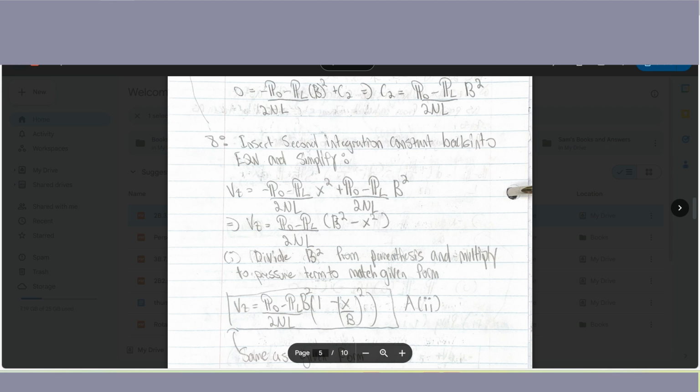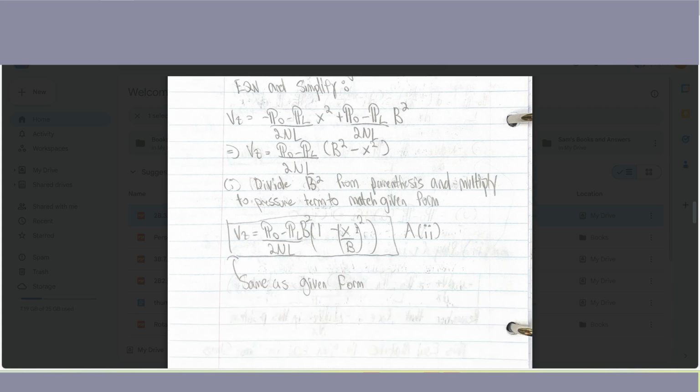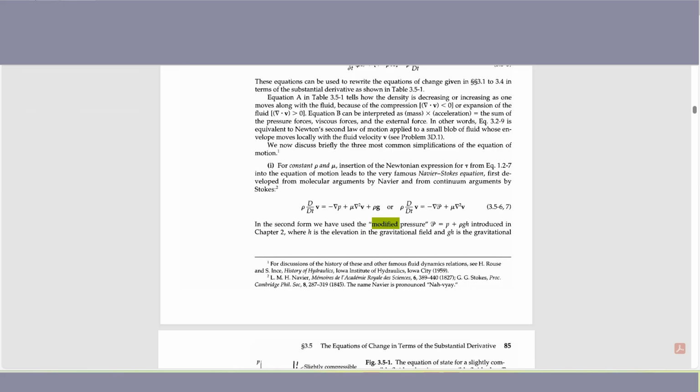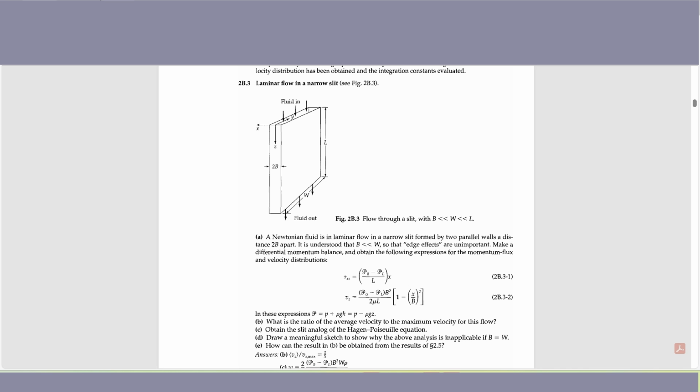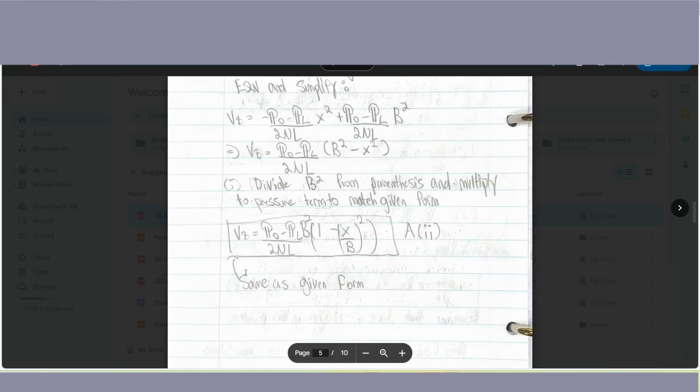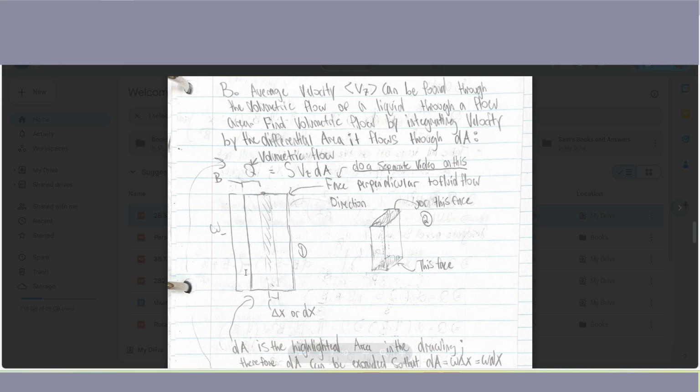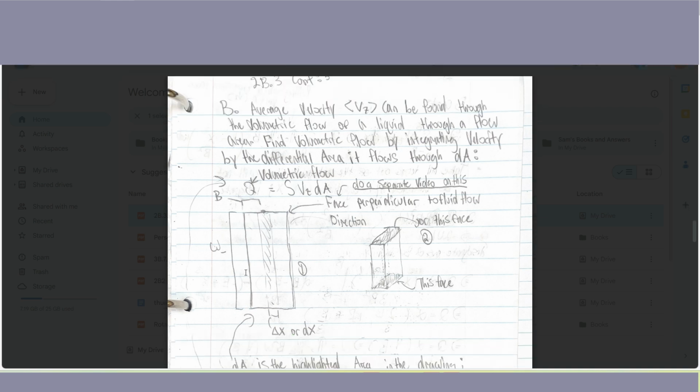I divide b squared out of the parenthesis, so it's 1, and you have to divide b squared here too, and then you multiply it outside. And x squared divided by b squared is the same as this. So yeah, the form matches. All right, so that's the answer for part A.